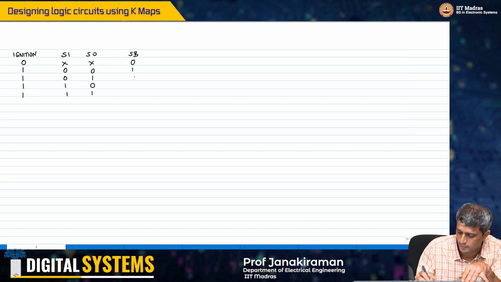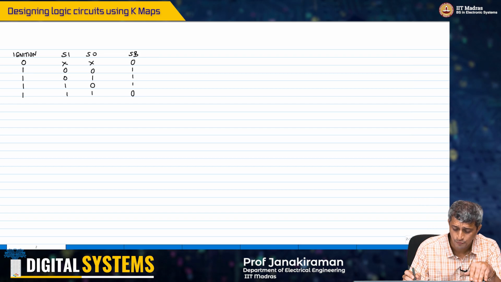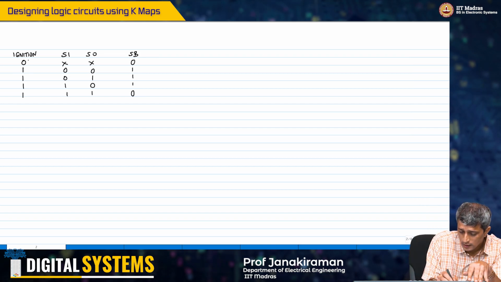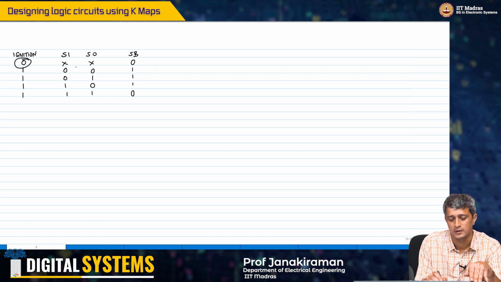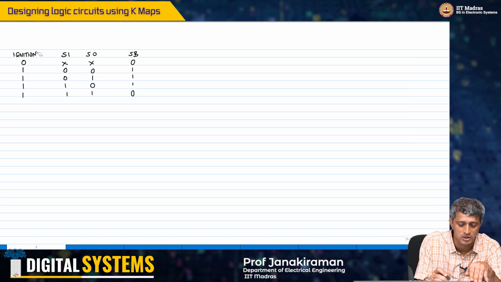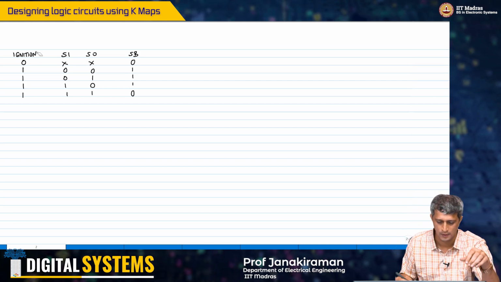So this is seat belt indicator on, 0. Okay. So the key point, remember, is that this cannot be taken out of the picture. We cannot ignore this as a don't care. We have to consider it because the ignition is a very critical input to that particular block, right?